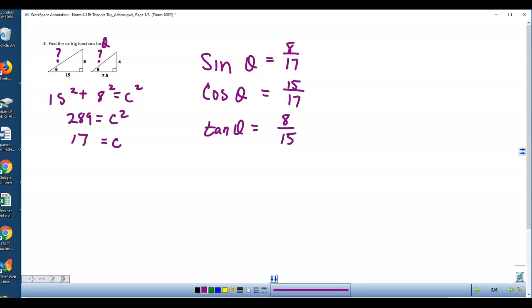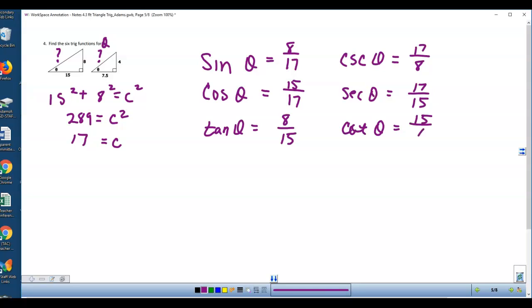Because remember, everything orients from this angle right here, so this is opposite, this is adjacent. And we know if we do these in pairs, then we can use the reciprocal, so cosecant of theta is going to be 17 over 8, secant of theta is going to be 17 over 15, and cotan of theta is going to be 15 over 8. So you can go straight through that real quick.